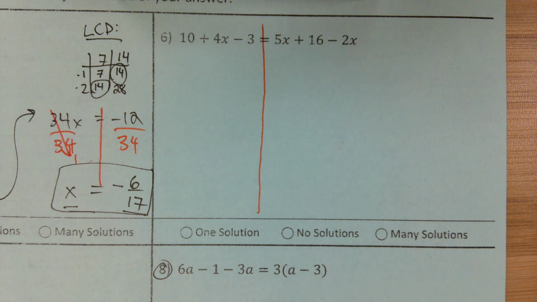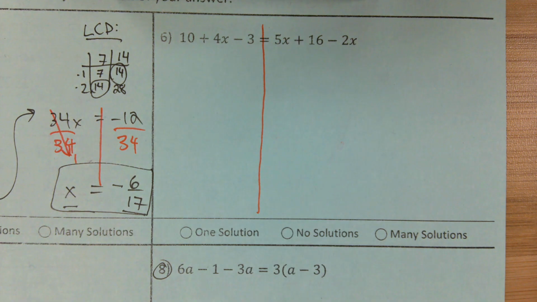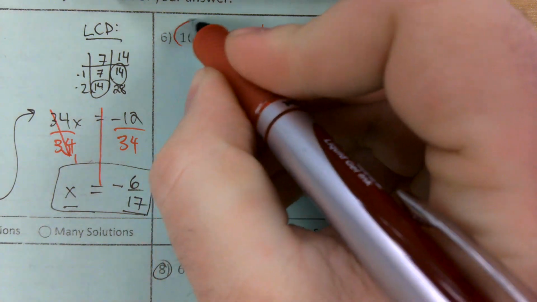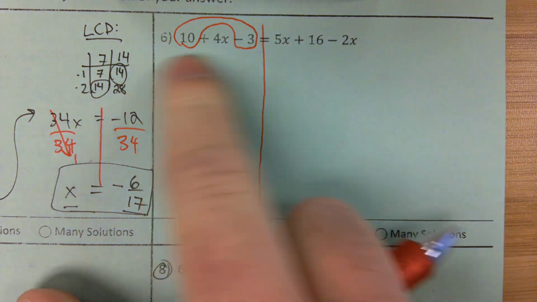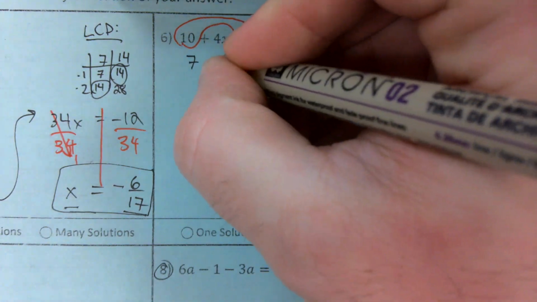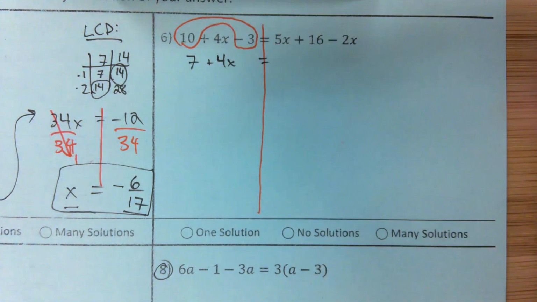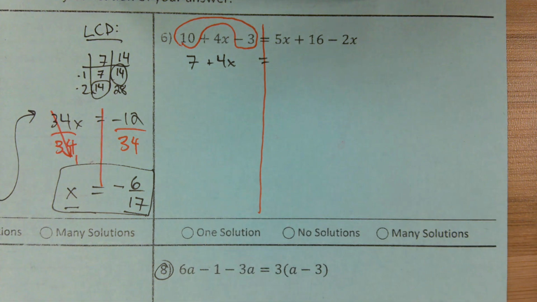What are the 2 like terms here on this side? Noah? 10 and negative 3. 10 and negative 3. We're going to circle those up. What is 10 minus 3? 7 plus 4x equals, now, can we combine any like terms on the right-hand side?